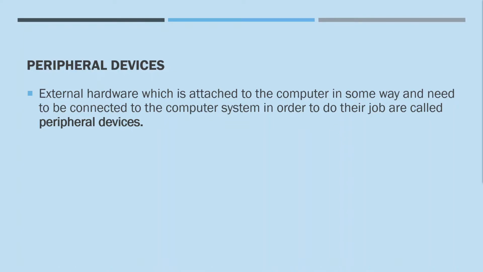External hardware which is attached to the computer in some way and needs to be connected to the computer system in order to do its job is called peripheral devices.